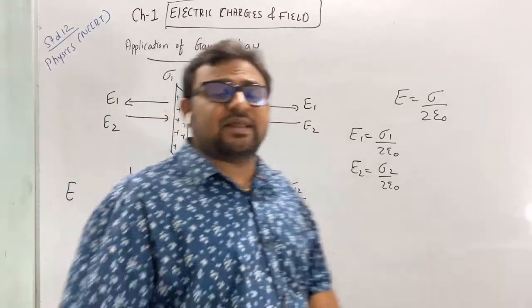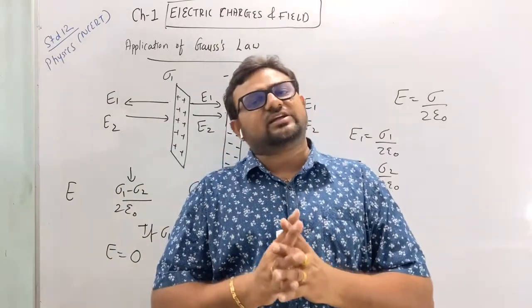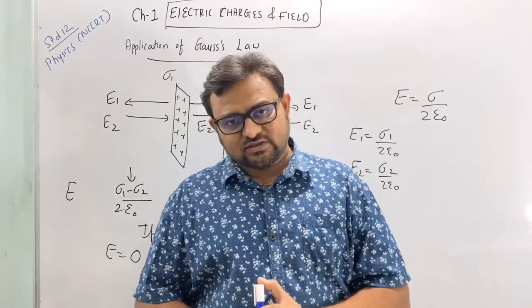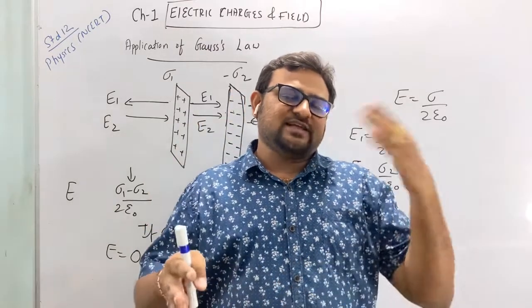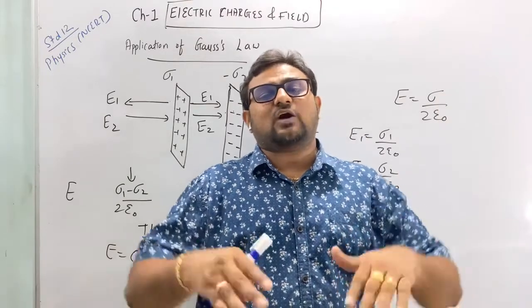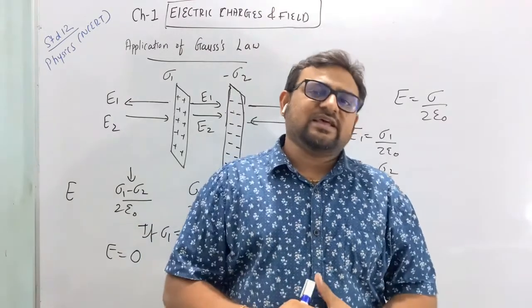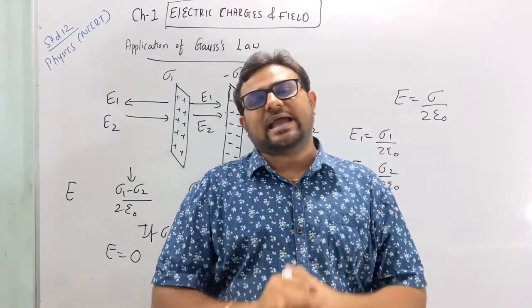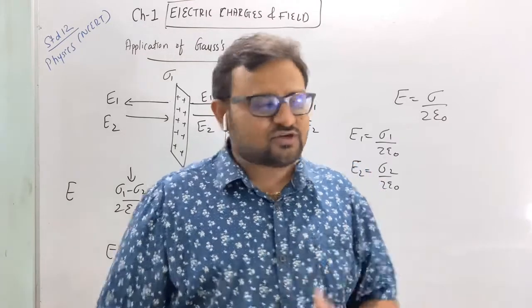So if I am taking two plates, one positive charge and another negative charge, and both are having same surface charge density, but one is positive, other is negative, then the electric field outside the plates will be equal to 0, and inside the plates it will be sigma by epsilon 0. Clear? So just go through this.